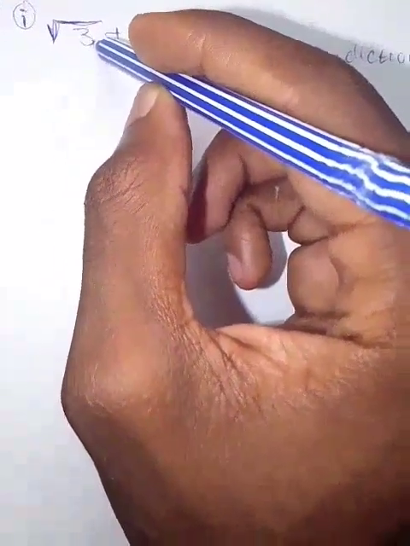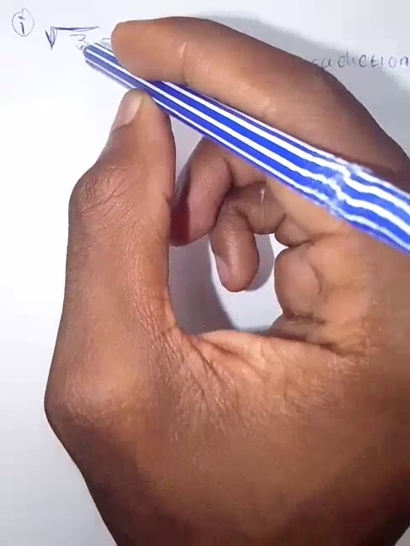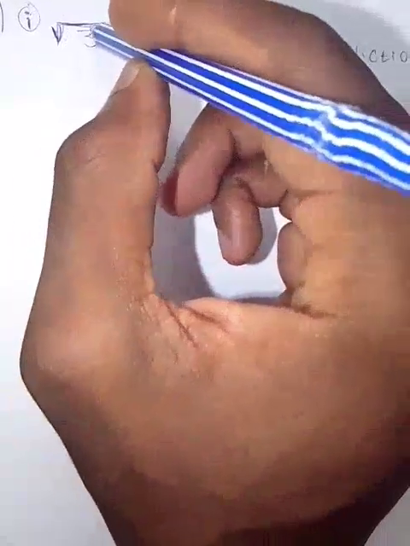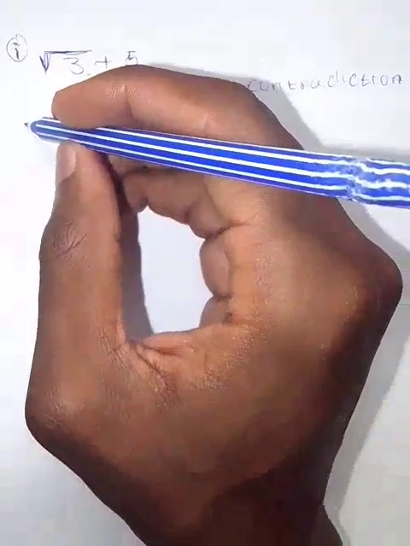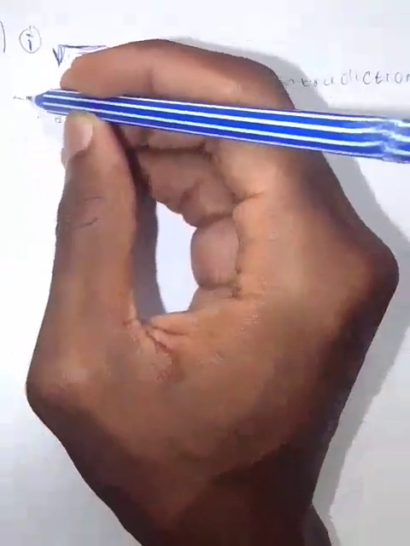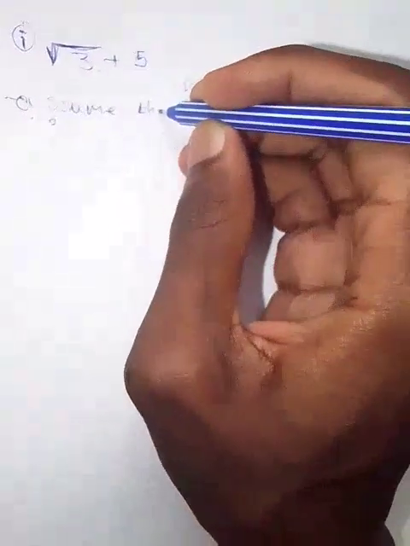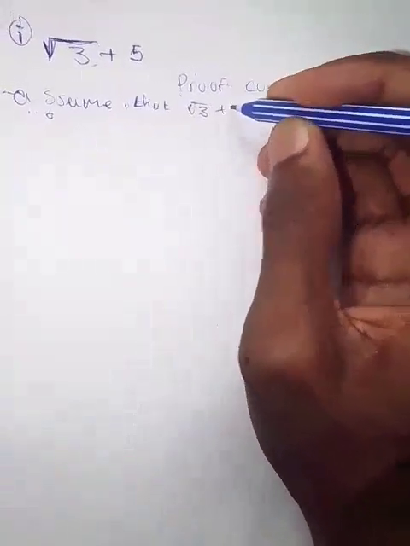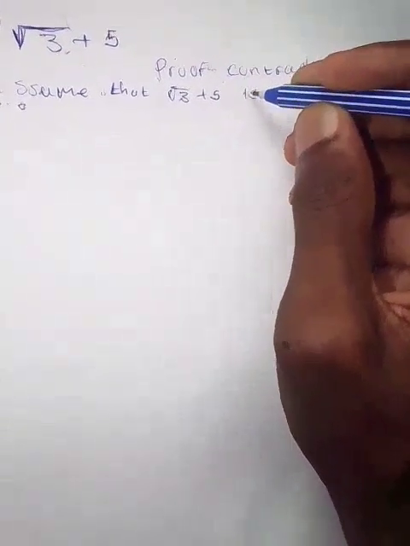If here we had the square root of 5, it means that we were supposed to reach a point where we have the square root of 5 as the subject of the formula. So now let's proceed. You're going to follow the same procedure. You're going to say assume that the square root of 3 plus 5 is rational.